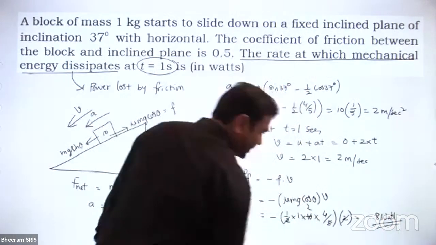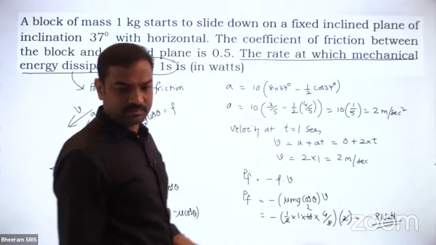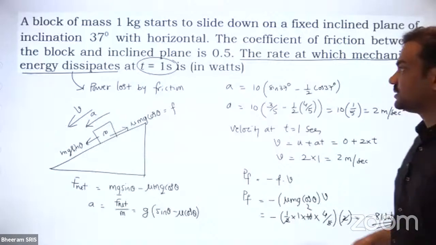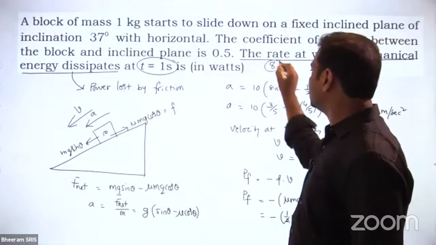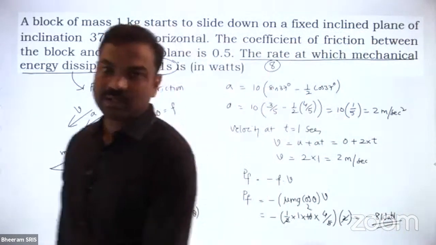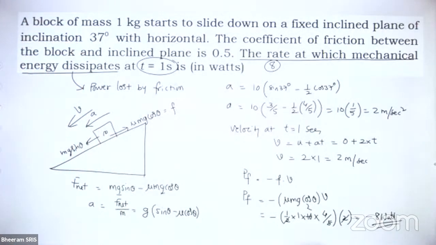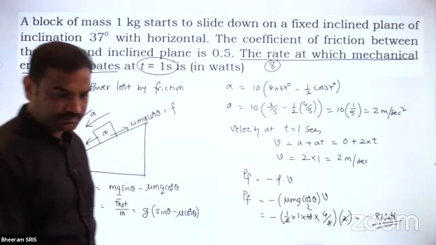Power by friction is minus 8. That means the loss is 8 watt. They're asking for the loss, so you should not say minus. The answer will be 8. Already they are saying loss, so there's no need to write the negative. All of you okay? Understood?